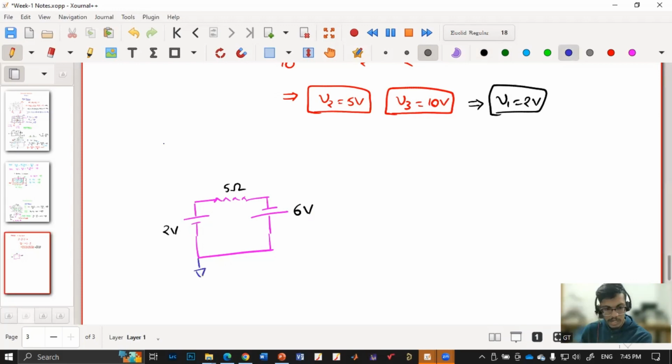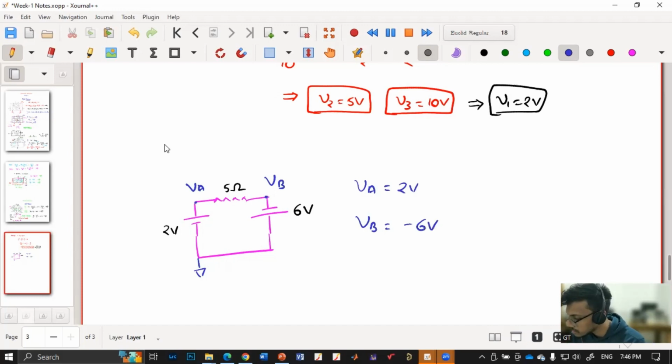In the question, they have asked what is the value of VA, what is the value of VB. So can you tell me what is the value of VA? 2 volt, right? And what is the value of VB? -6 volt.